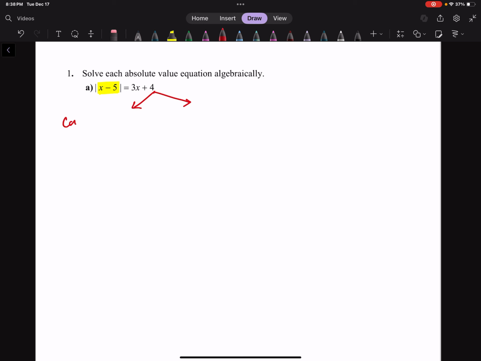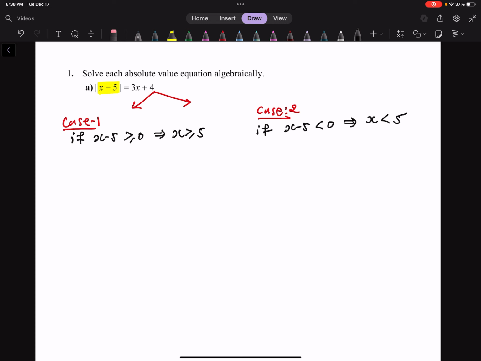Case 1 and case 2. Case 1 is for positive. If x minus 5 is greater than or equal to 0, that means x is greater than or equal to 5. Case 2, if x minus 5 is less than 0, that means x must be less than positive 5.